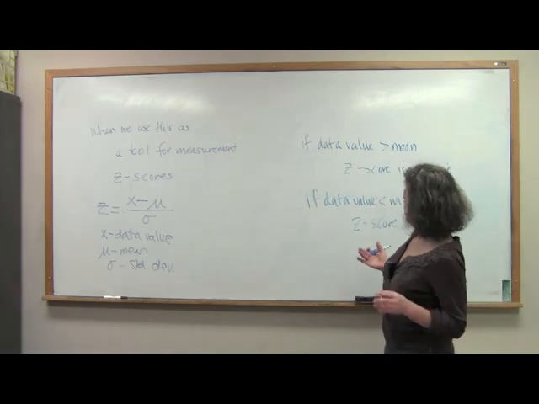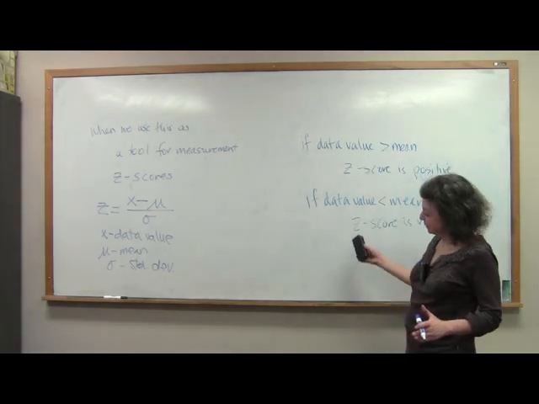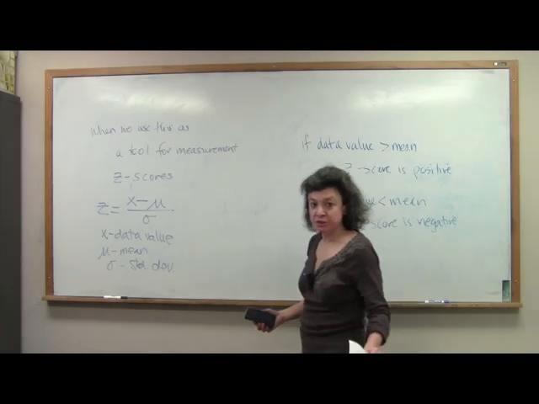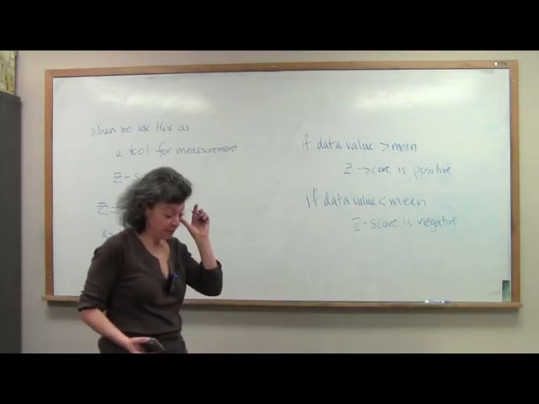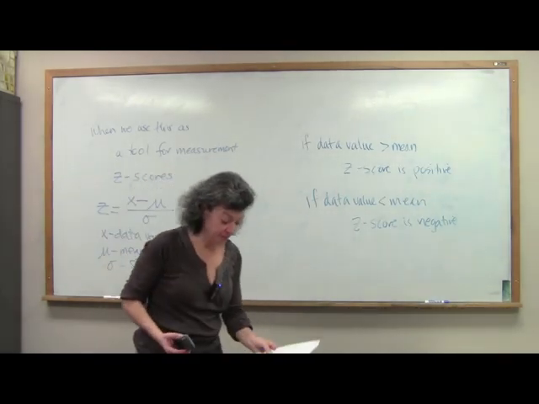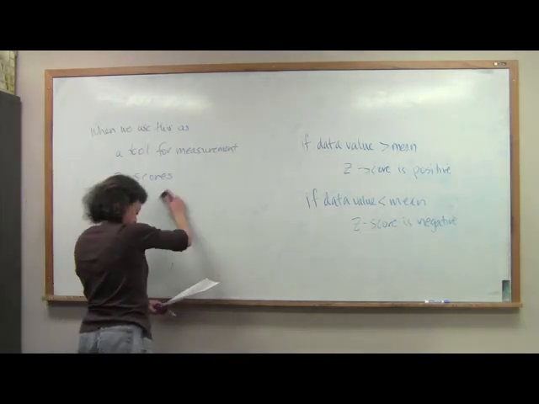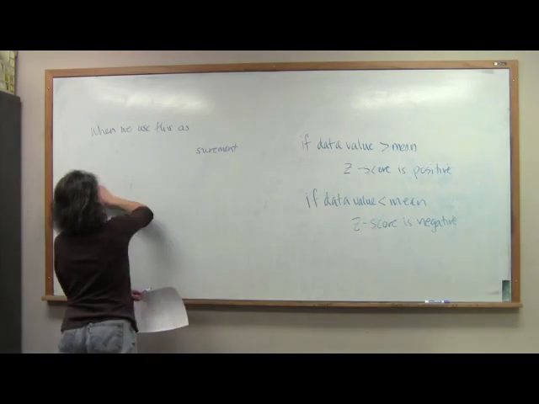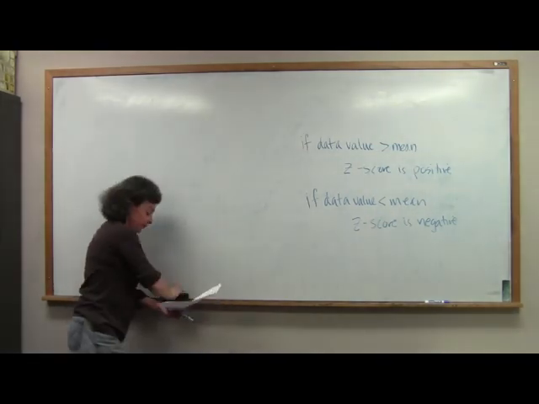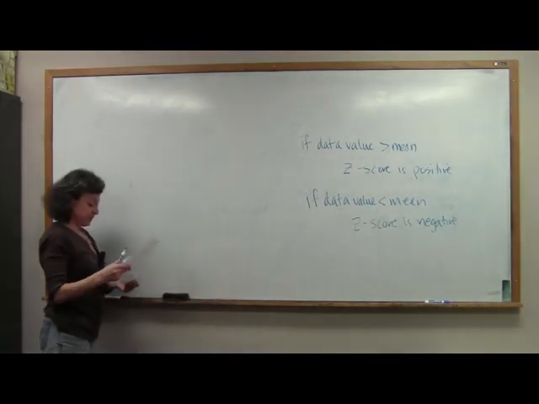All right, so let's take a couple of examples here to play with, and then when we start talking about normal distributions, we're going to talk a lot more about the z-scores. So let's do this.